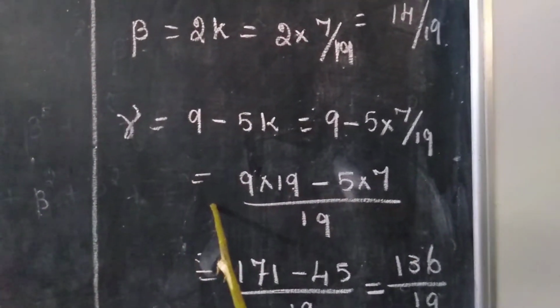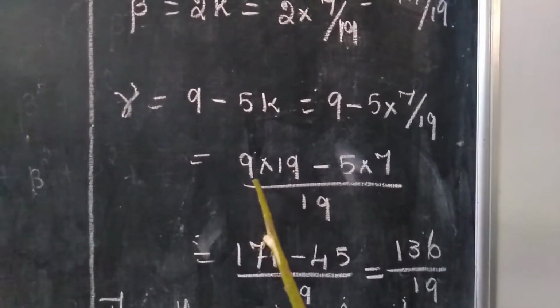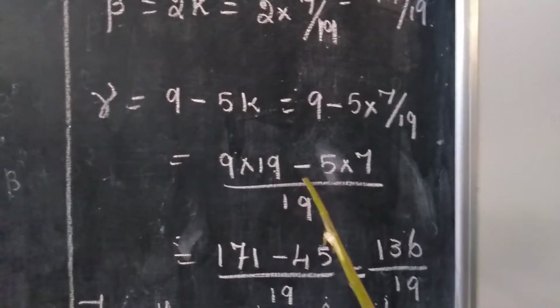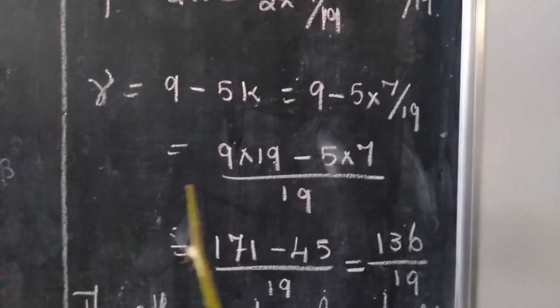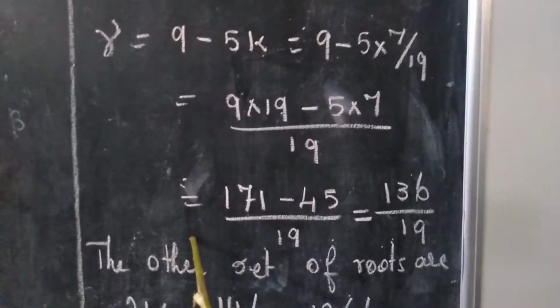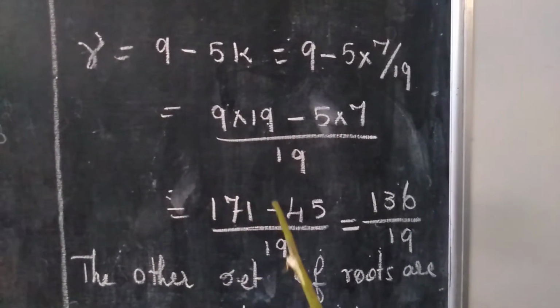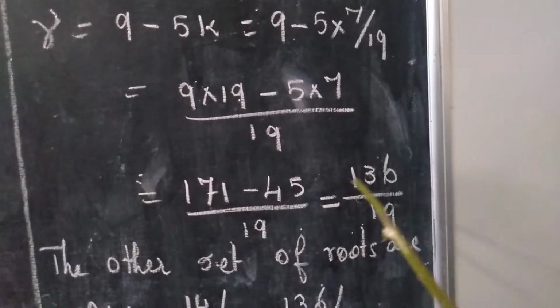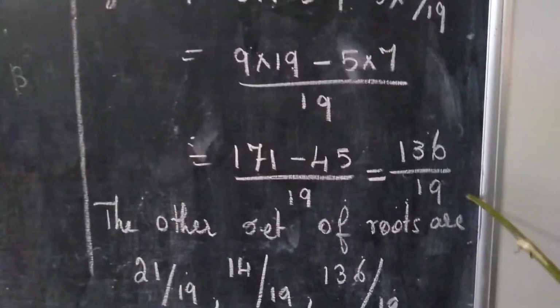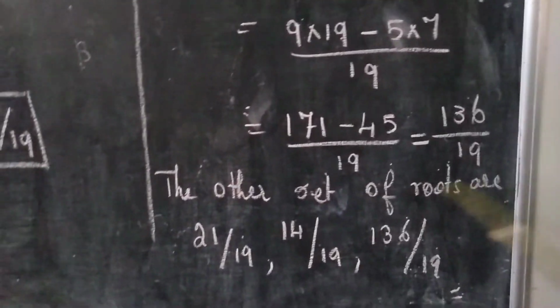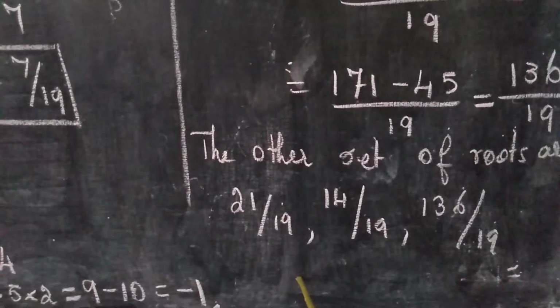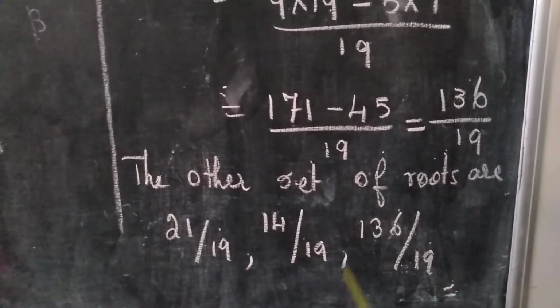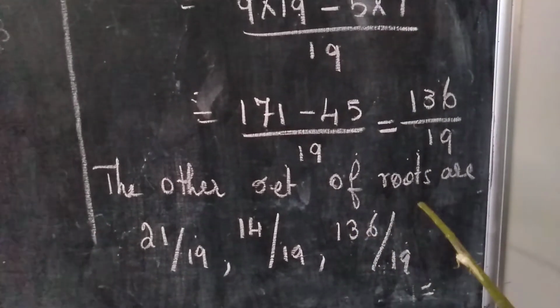If you take the LCM, we get 9 into 19 minus 5 into 7 divided by 19, that is 171 minus 35 divided by 19, which is 136 divided by 19. The other set of roots is 21 by 19, 14 by 19 and 136 by 19.